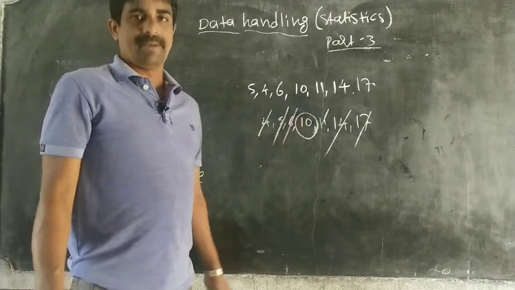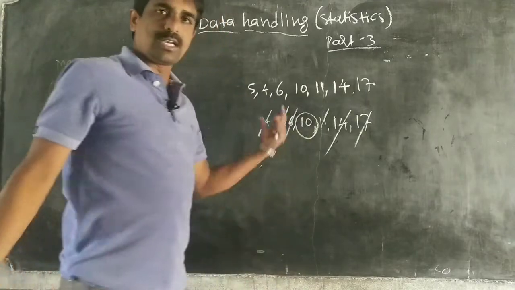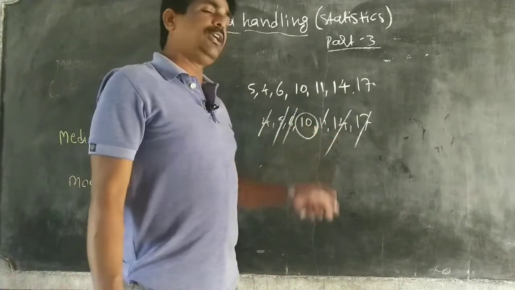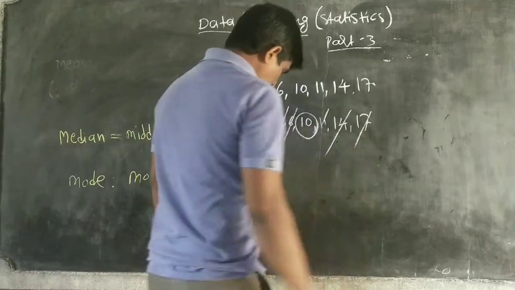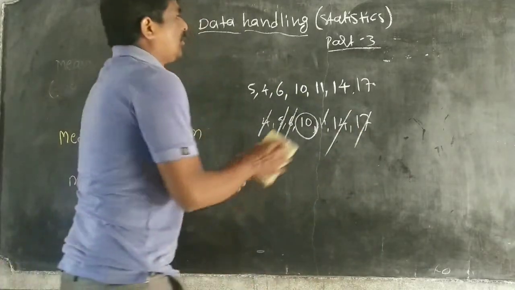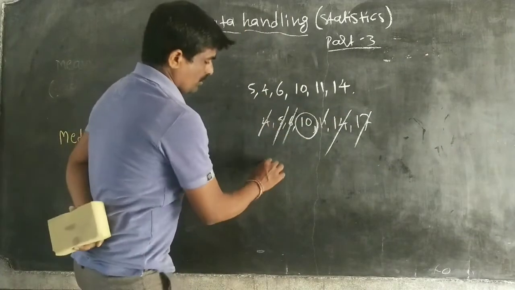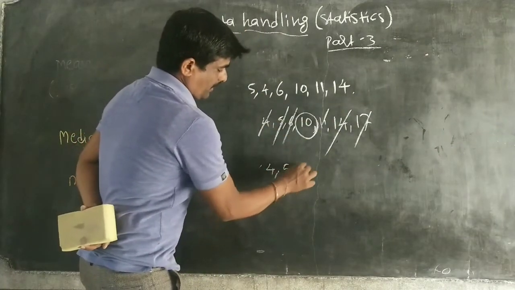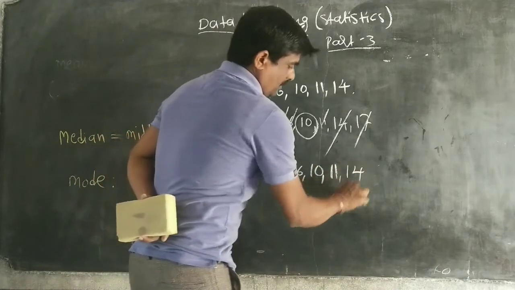Median means middle term. If the total count of numbers is odd, then we can easily get the median. Now if we remove 17, with the same data, arrange again: 4, 5, 6, 10, 11 and 14.